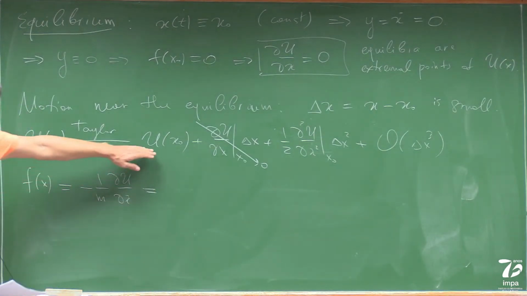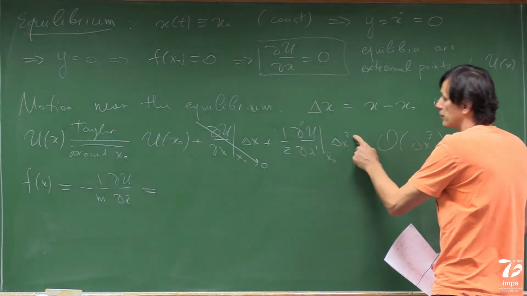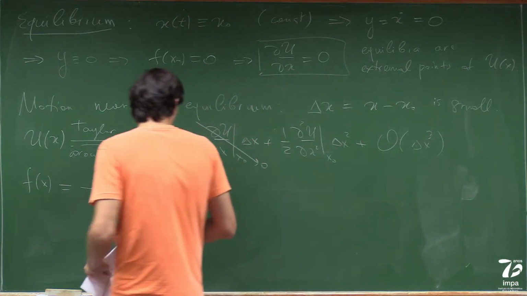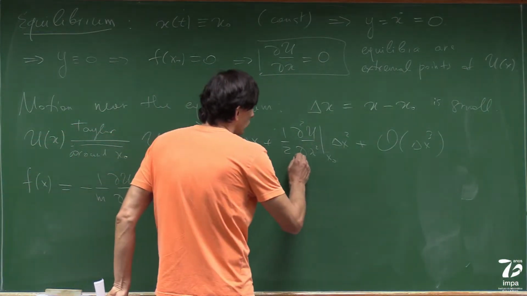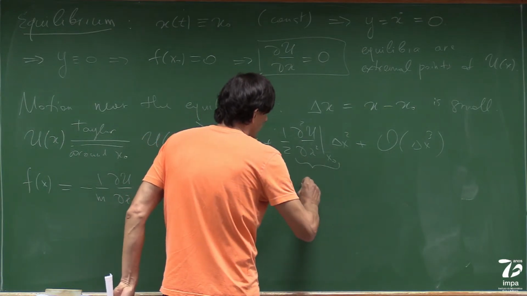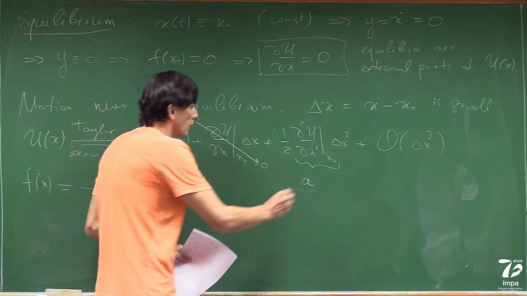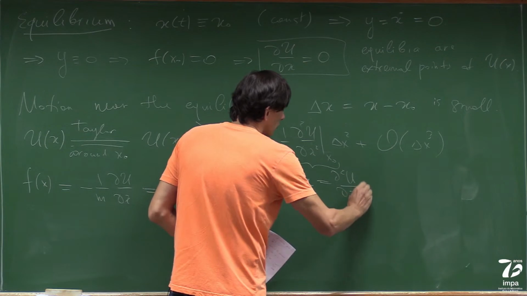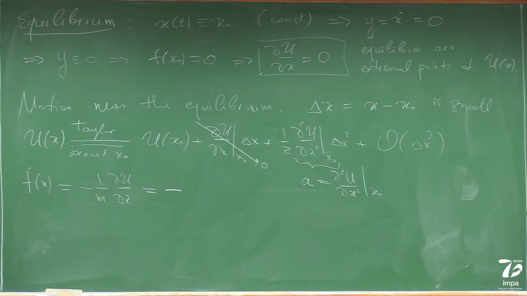So this is constant. The first term which is important is this, taking the derivative with respect to x cancels the 2. So it will be minus. Let's call this number a. So we call a the second derivative of u at equilibrium. So that's a constant.